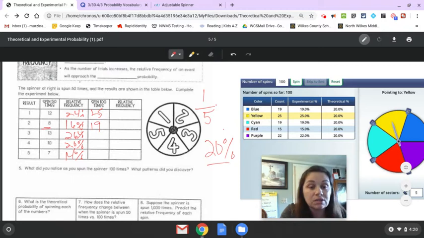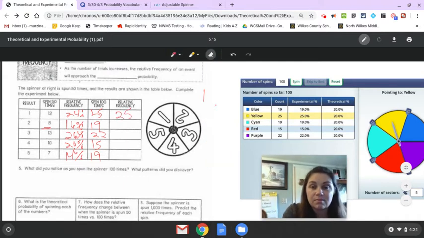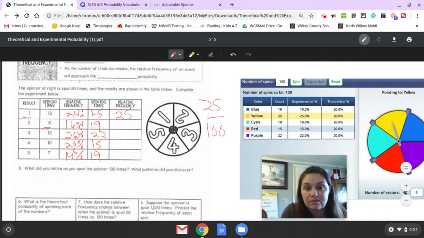Threes, I got 22. Fours, I got 15. And 5, I got 19. So my relative frequency for this would be 25 out of 100. That's 25 times I spun a 1 out of 100. So 25 out of 100 times is 25%.